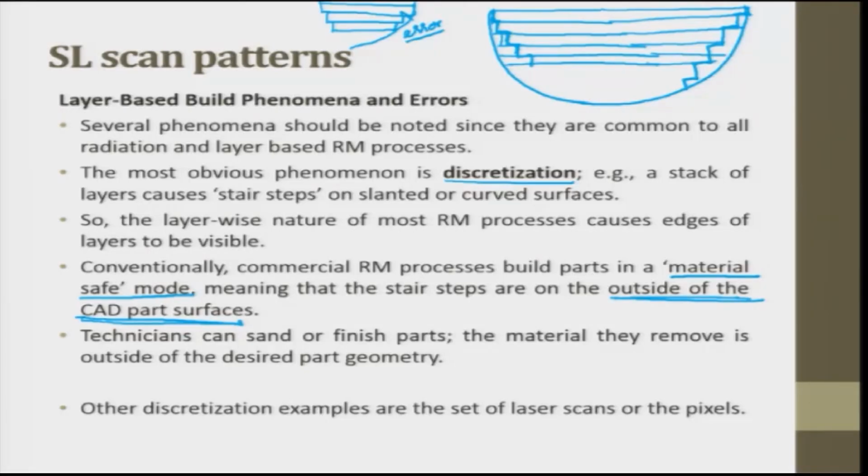Technicians can sand or finish the part on the outside of the CAD part surface. The material they remove is outside the desired part geometry. So, material safe mode means the staircase steps are on the outer side of the CAD, and when they sand or finish it, it is only the outside.